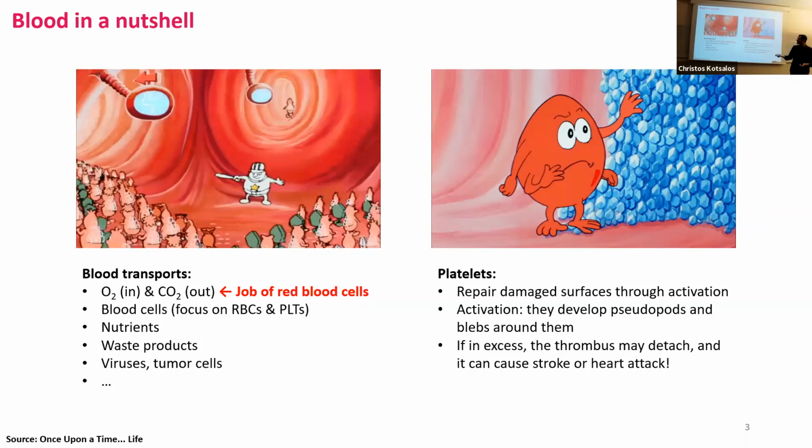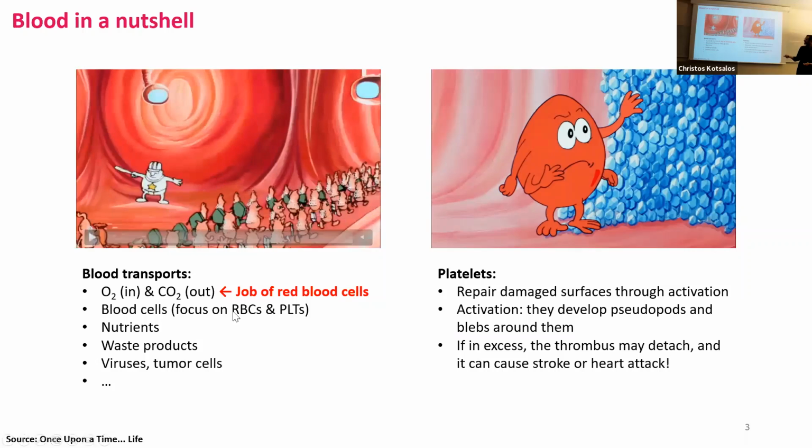Okay, so this is actually an image of how we can imagine blood in our blood vessels. Another very important blood cell is the platelet, which is in the right-hand side image here. The platelets have a very important role because they repair damaged surfaces through activation.